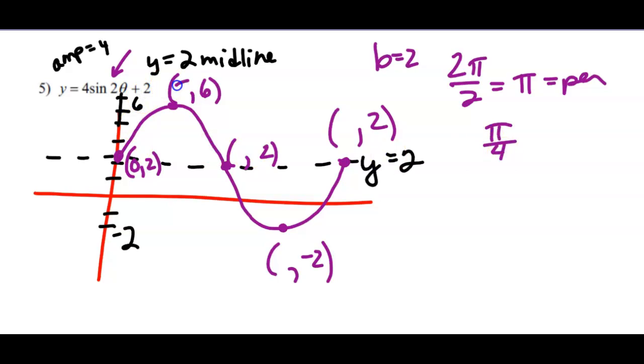So we have a pi over 4, another pi over 4, which would reduce to pi over 2, another pi over 4, and another pi over 4, which is pi, which is what we were supposed to finish at since it had no phase shift. All right, I hope I covered all that.